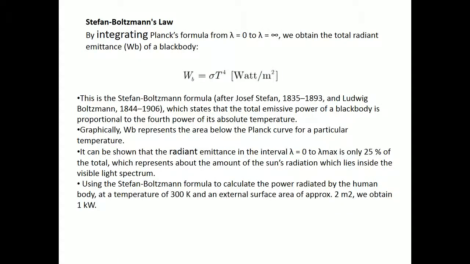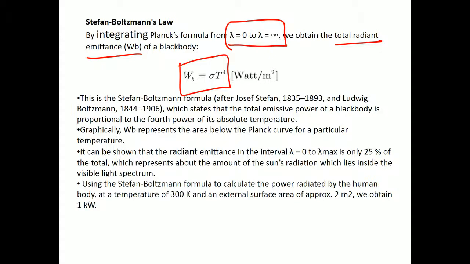Then you have the Stefan-Boltzmann law, which you must have read in your radiation heat transfer, that by integrating Planck's formula from 0 to infinity, we obtain the total radiant emittance of a black body, which is given by sigma T to the power of 4, where T to the power of 4 is the dependence.